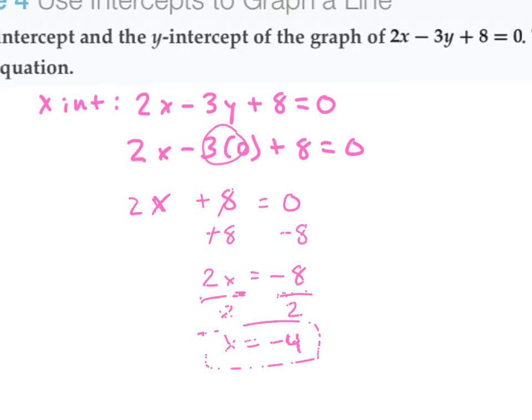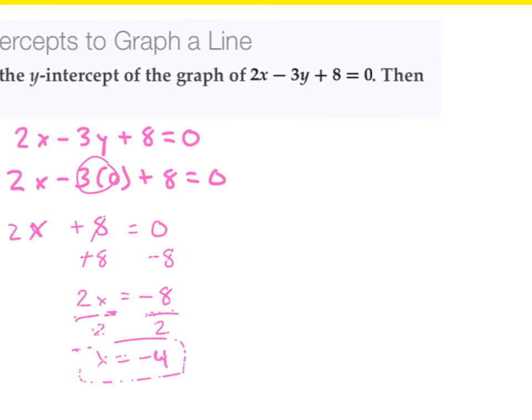All right, for y, we do the same thing, but we need to make x equal to 0. So for our y-intercept, we start with our equation, 2x minus 3y plus 8 is equal to 0, and we change out this x and put a 0 for it. What's 2 times 0? 0.